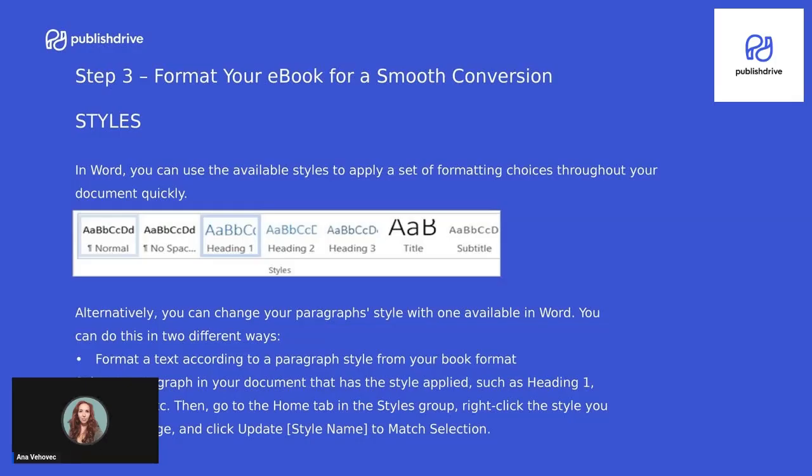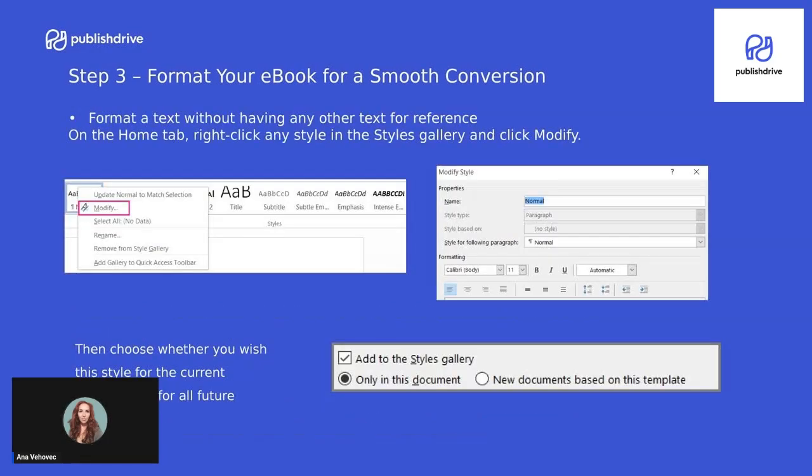That way, you're going to match the rest of your text, or the selected text, to a predefined paragraph of your text. Also, you can just format text without having any other text for reference. On the Home tab, right-click any style in the Styles gallery and click Modify. That is very easy.